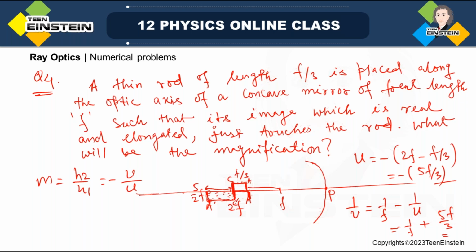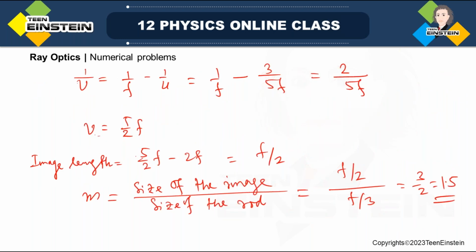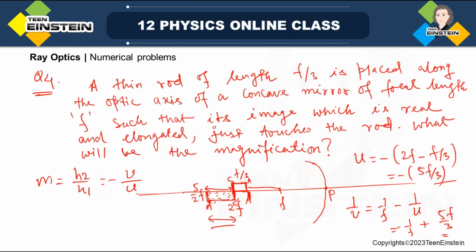Okay. I know the position, other side of the position will be at 2F, and see this is the image position here. Now if we take the difference between these two, then I will get the length of the image. So 5 by 2F minus 2F, because this is the position of the rear side of the image, right?